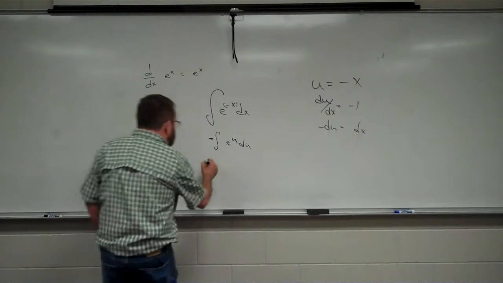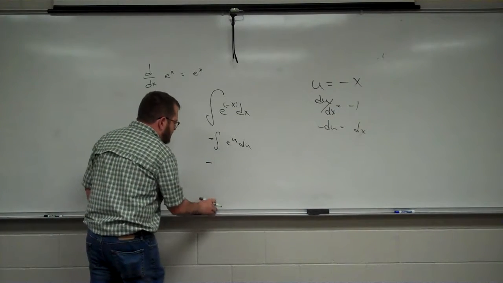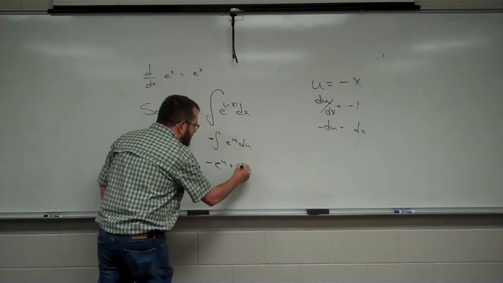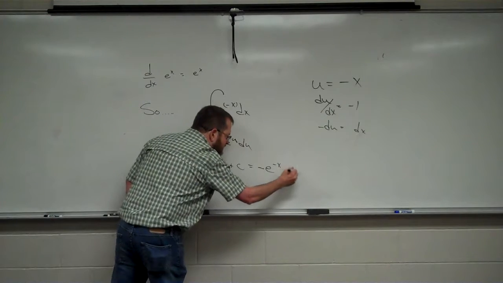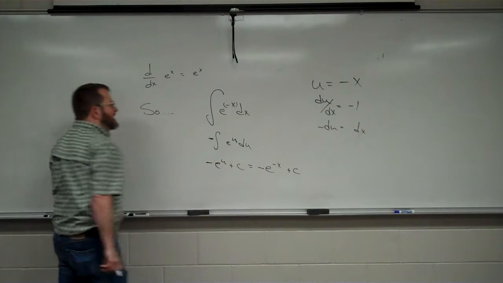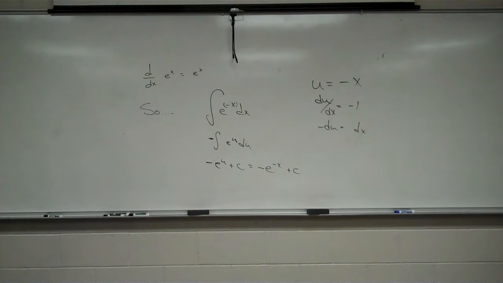That can just be negative e to the u plus c. Or we can substitute back in: negative e to the negative x plus c. Substitution really is the grandest of the tricks when it comes to this stuff.